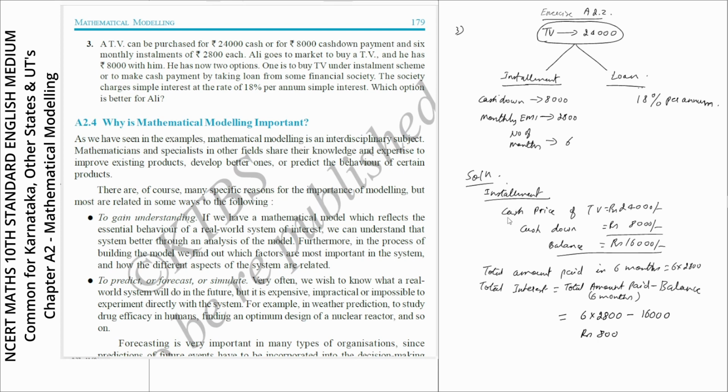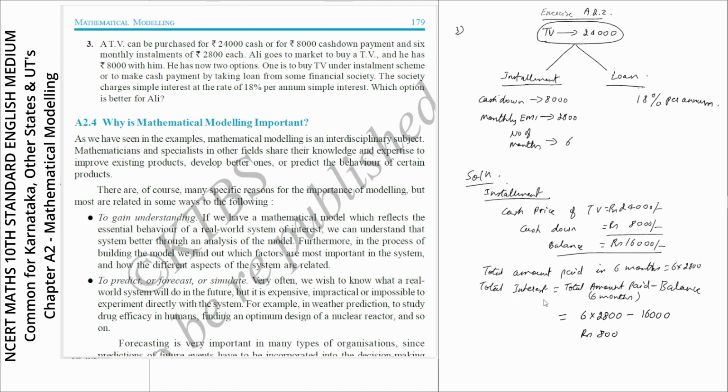In the installment scheme, the cash price is 24,000 and the cash down payment is 8,000, therefore the remaining balance that should be paid is 16,000. But they are charging an EMI of 2,800 for 6 months, so 6 into 2,800 will be the amount he is going to pay after the down payment.